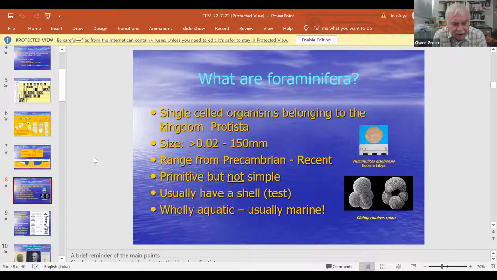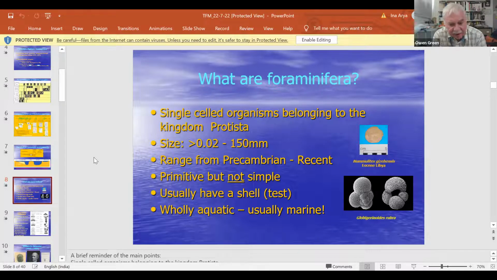They usually have a shell, or what we term a test. There obviously are some naked foraminifera, or the most common one, which most people have heard of, is the amoeba. That does not have a shell. It's just a sac of protoplasm. And they are wholly aquatic, and usually that means they are marine.